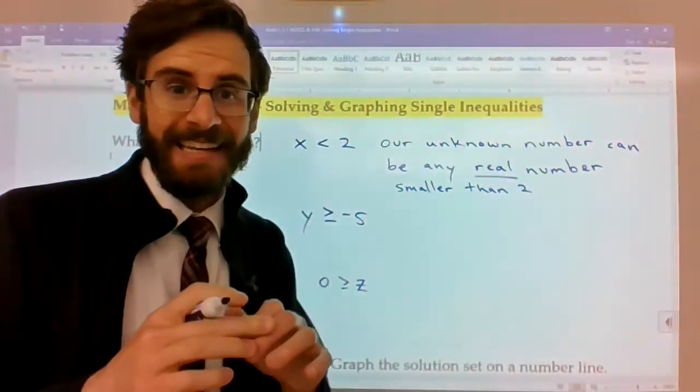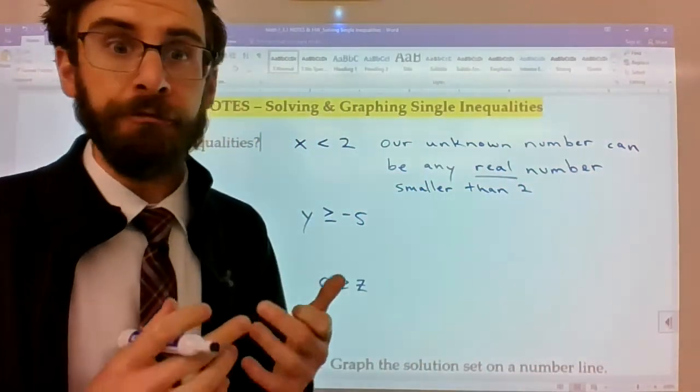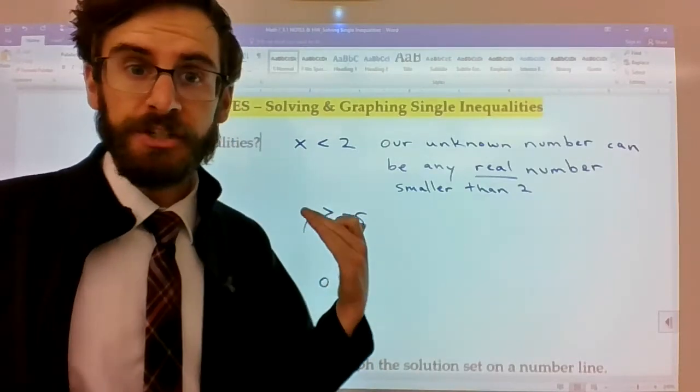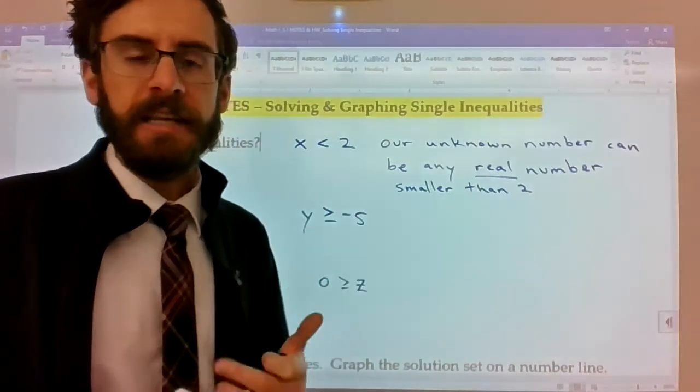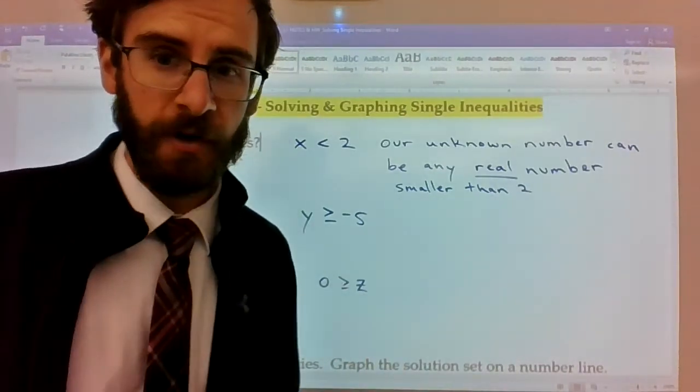So we're talking any decimal smaller than 2, any integer smaller than 2, any fraction smaller than 2, any square root smaller than 2. It's pretty much an infinite number of solutions. So it's not just one answer anymore.